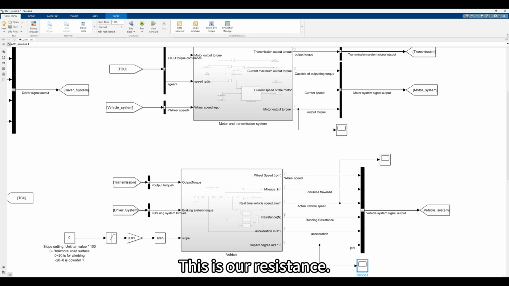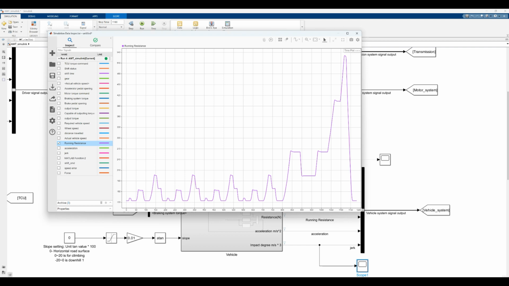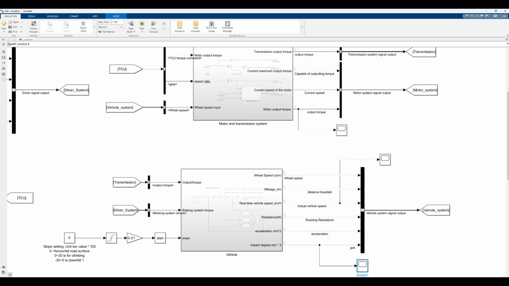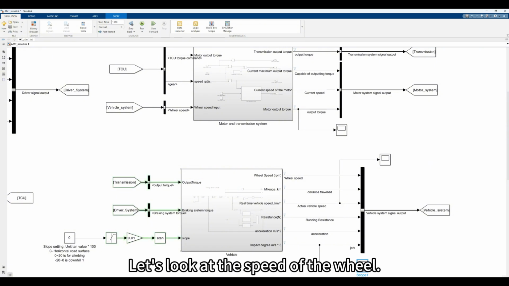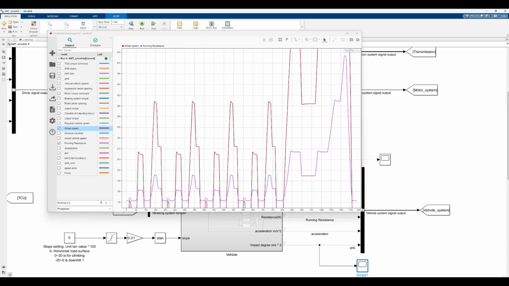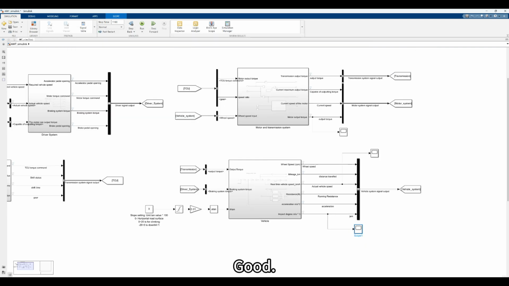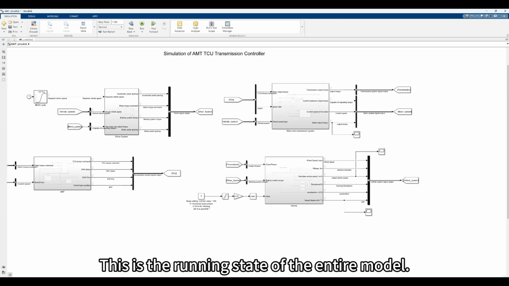This is our resistance. Let's look at the speed of the wheel. Good. This is the running state of the entire model.